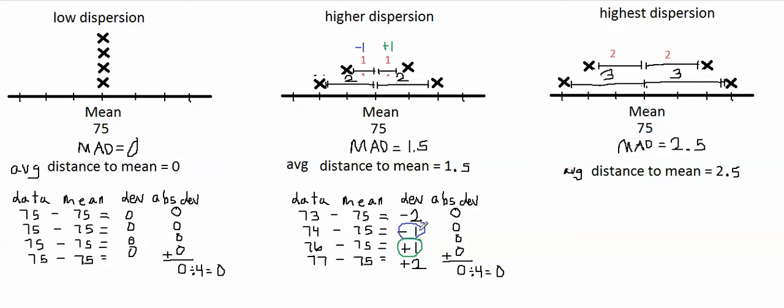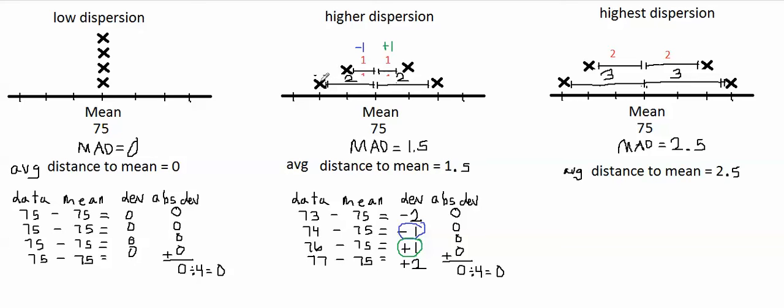So all a deviation shows is how far a person is below the mean or how far a person is above the mean. If a person has a deviation of -1, they're 1 below the mean.